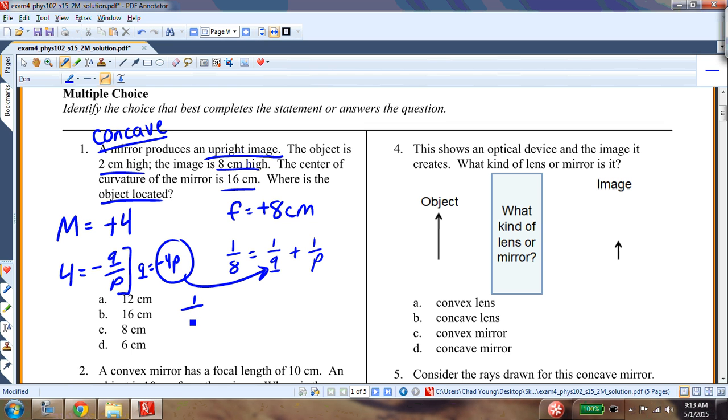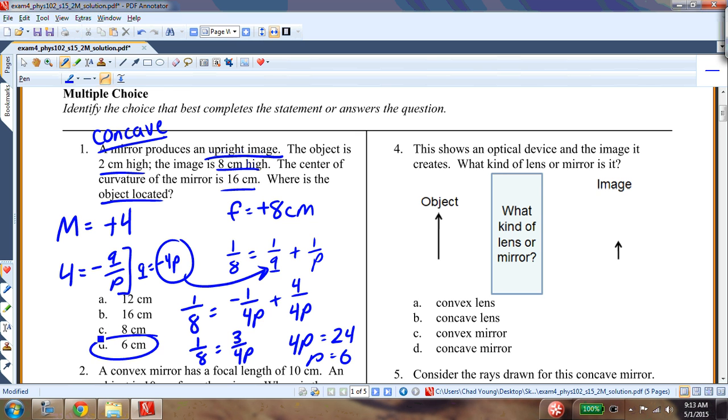So I get 1 over 8 equals negative 1 over 4p plus, I'm going to make this a 4 over 4p. So that's 1 over 8 equals 3 over 4p. I cross multiply: 4p equals 24, so p is equal to 6. So the answer for this one is D.